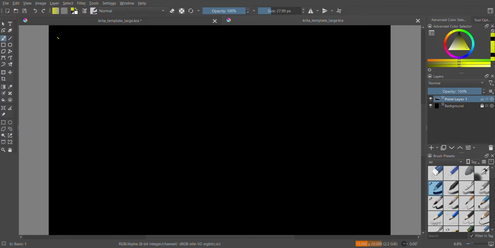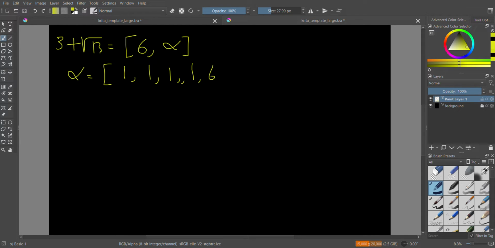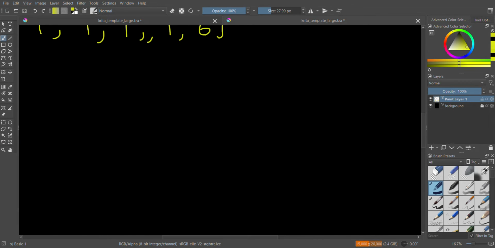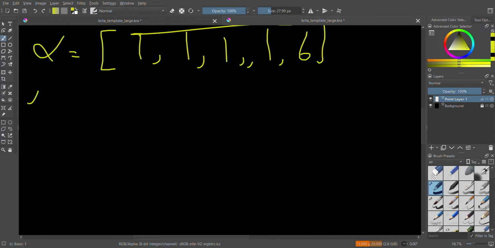So you say 3 plus square root of 13 is equal to 6 alpha. Alpha is equal to 1, 1, 1, 1, 6. But it also equals, and let me make my font much smaller so I don't run out of space, alpha is really 1, 1, 1, 1, 6 alpha, because it repeats.